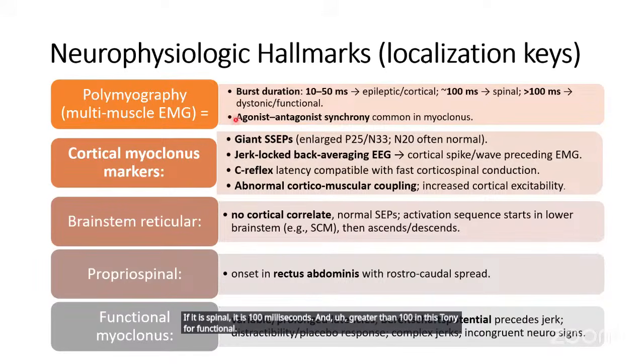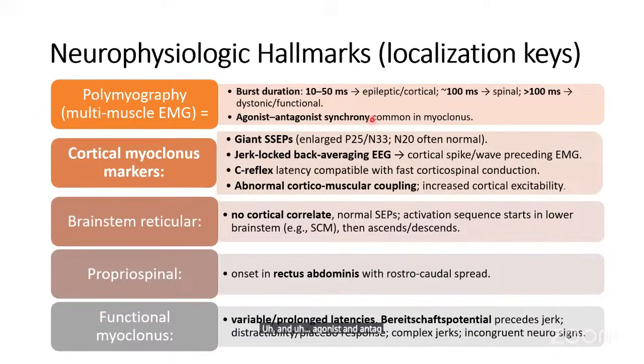Agonist and antagonist synchronicity is common in myoclonus. In cortical myoclonus, we commonly see giant SSEPs, with enlarged P25 or N33, while N20 is often normal. On jerk-locked back averaging EEG, there is a cortical spike or wave preceding the EMG.